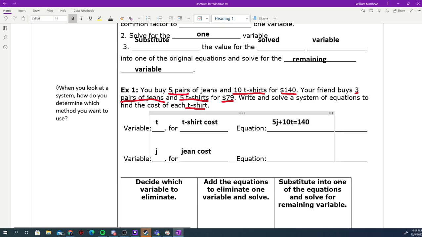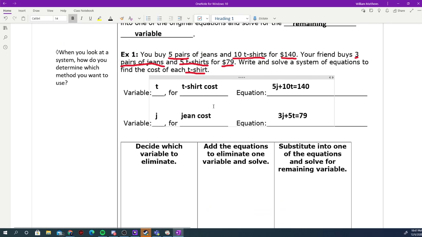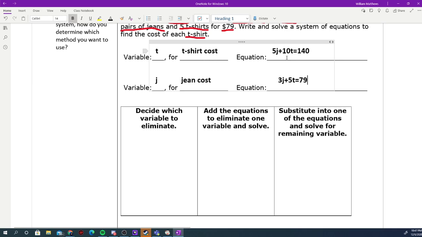So all I did was I took the information I was given, 5 times however much the jeans cost, plus 10 times how much the t-shirts cost, for $140. And we'll do the same concept for your friend. Your friend bought 3 pairs of jeans, so 3 times however much the jeans cost, plus 5 times however much the t-shirts cost, and it cost your friend $79.